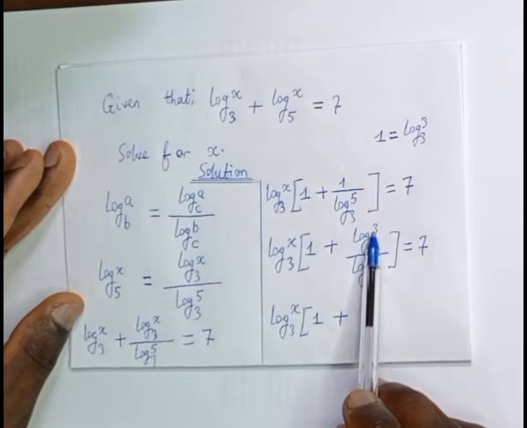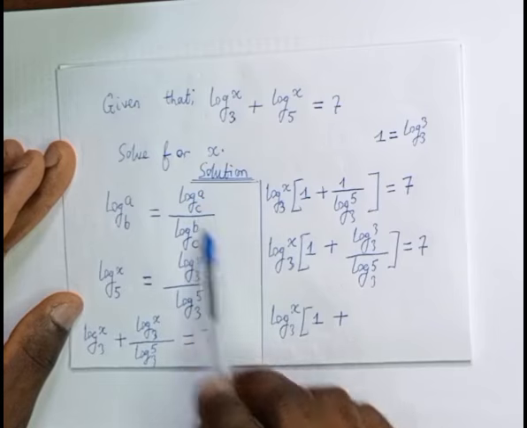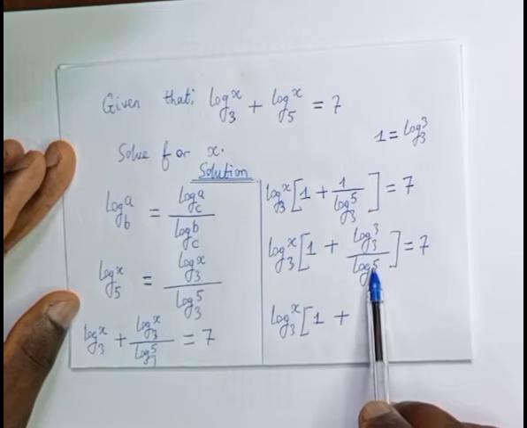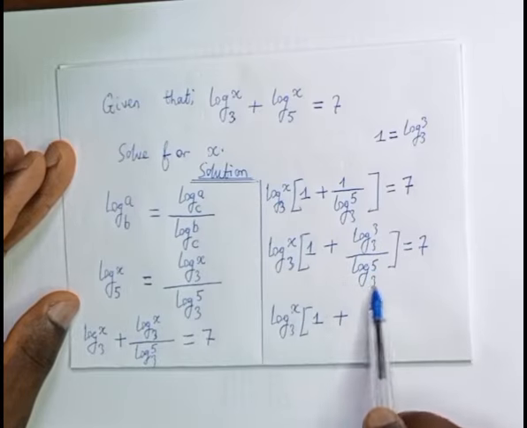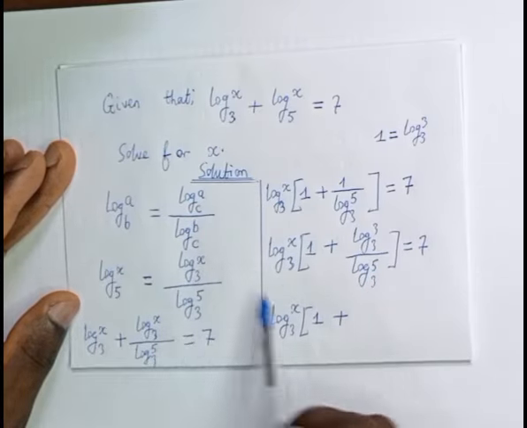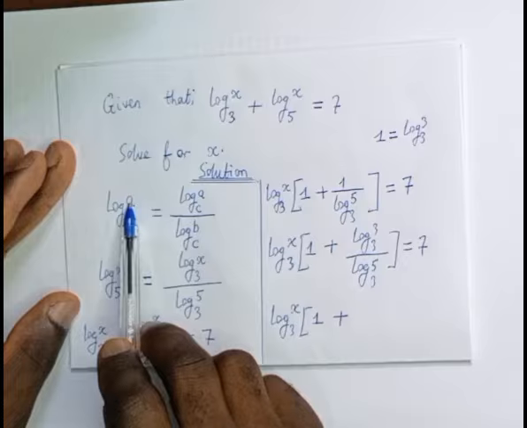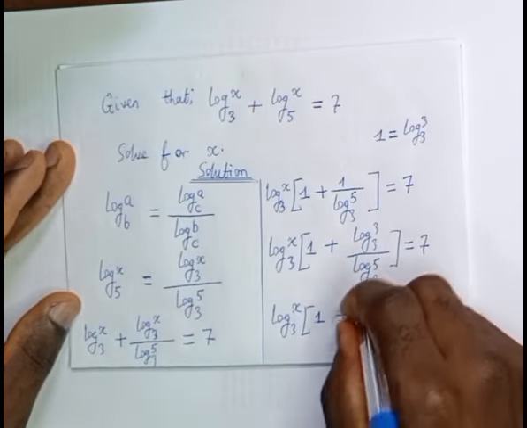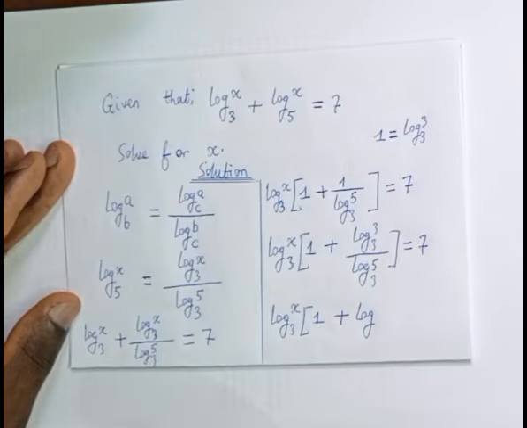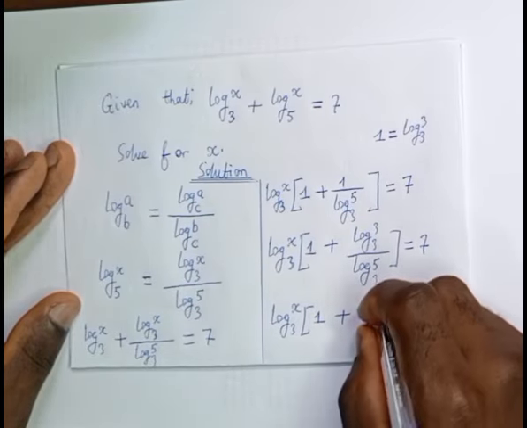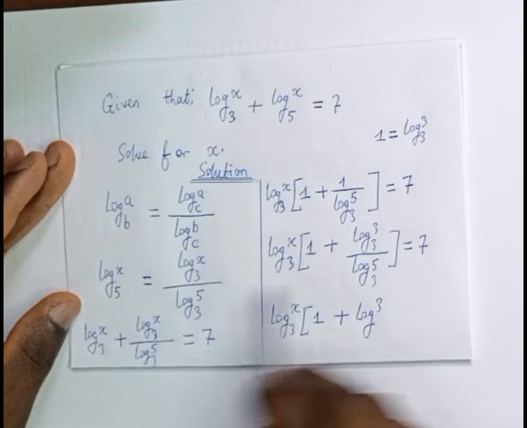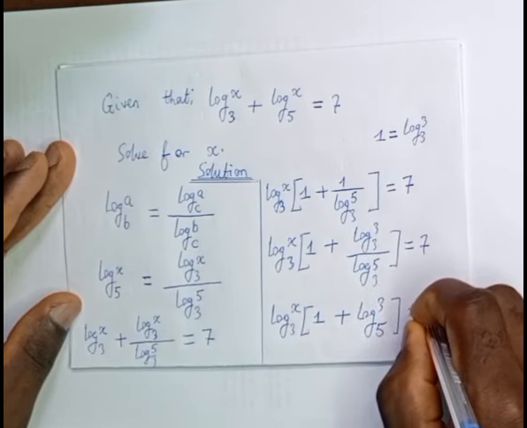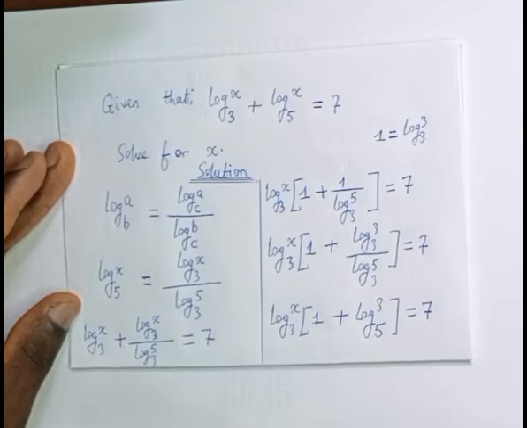We see a is 3, c is 3, b is 5, c is 3. Going backward, replacing a by its value and b by its value, this will give us the log of a, which has a value of 3, base b, which has a value of 5. Close the bracket. This is simply equal to 7.